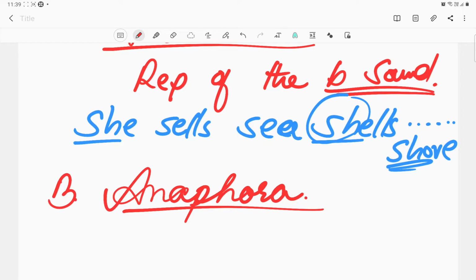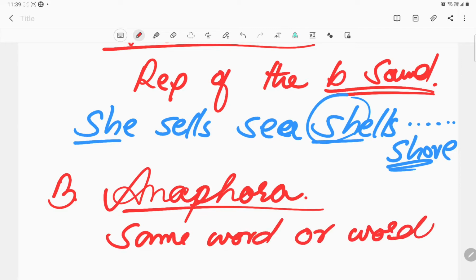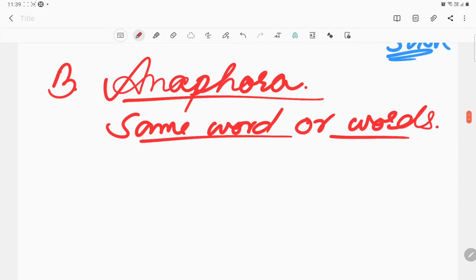In the first one, only the beginning sound is being repeated, whereas in anaphora, what is repeated? The same word or words. So, the same word or words are repeated in anaphora. Here you have an example.